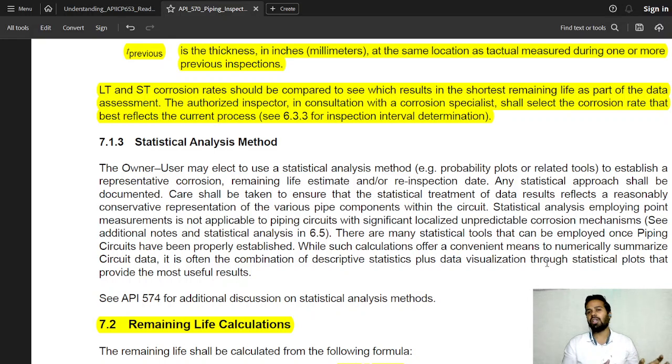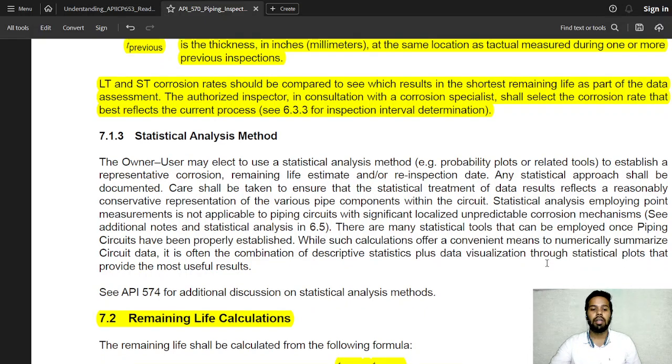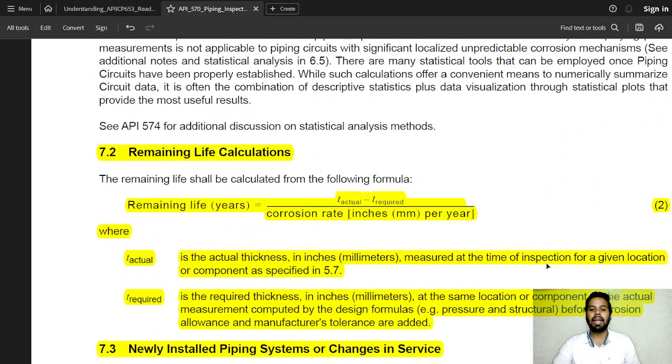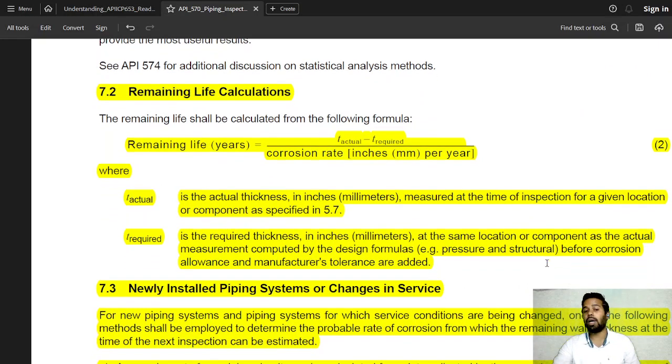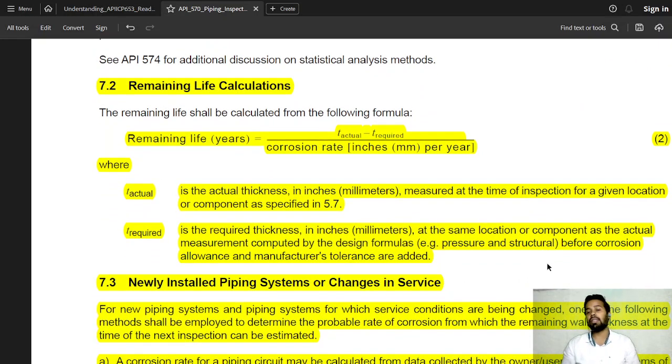If your long-term corrosion rate and short-term corrosion rate have a great amount of deviation, this means that some process variability is there which is increasing or decreasing the corrosion rate from the historical perspective. Okay. Now remaining life calculation: the remaining life will be T actual minus T required, divided by the corrosion rate in mm or mils per year. Okay.